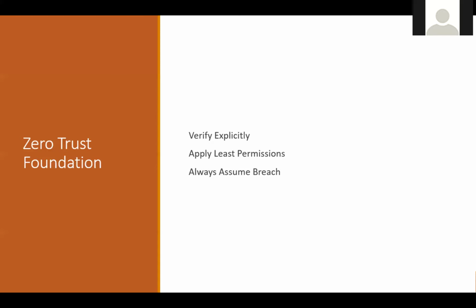And then assume breach. We want to assume that at some point breaches will occur, so we try our best to minimize the blast radius and segment access through limiting permissions, microsegmentation of networks, and verifying end-to-end encryption. Use analytics to get visibility to drive threat detection and improve our defenses and response.